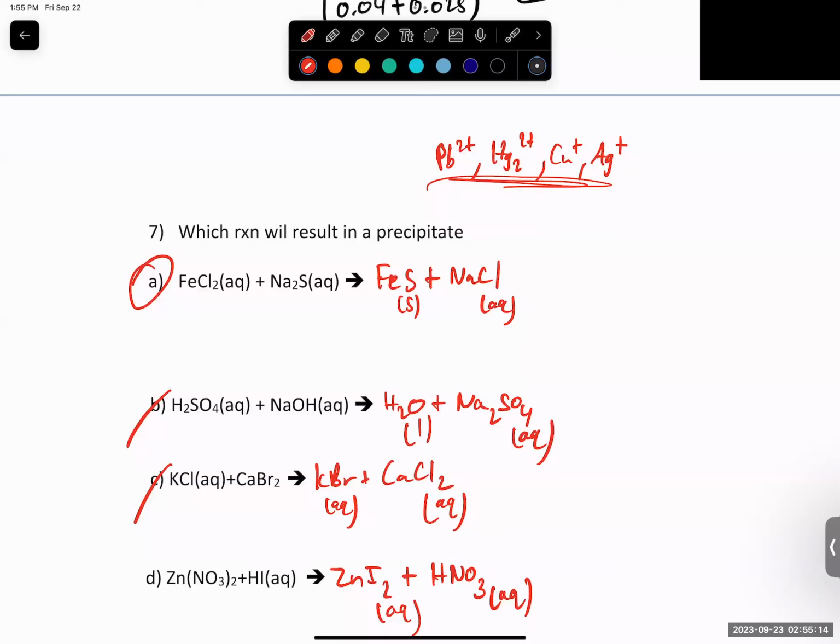Sulfur is normally insoluble, and its exceptions, well, iron isn't an exception. Therefore, insoluble. And we're gonna go with option A on this one.